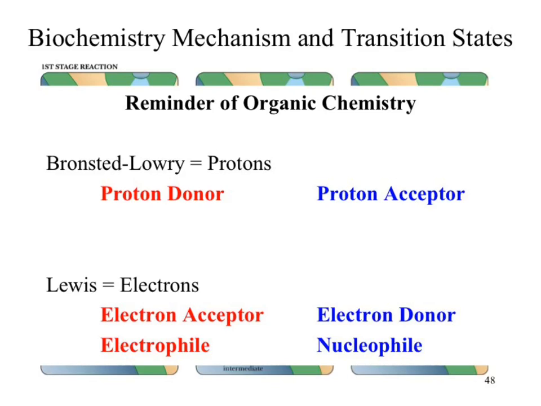Our Bronsted-Lowry acids and bases are proton donors and proton acceptors. The proton donor we've defined as our acid, and our proton acceptor, our Bronsted-Lowry base.